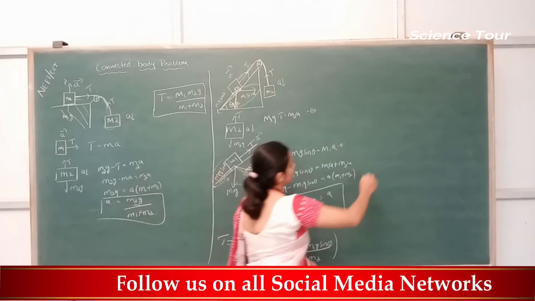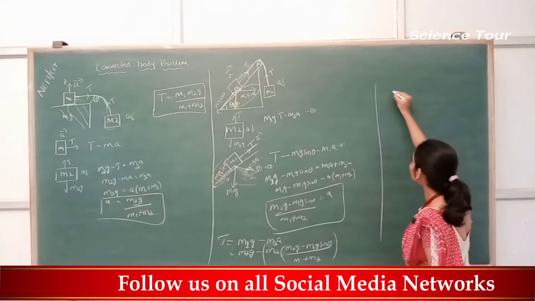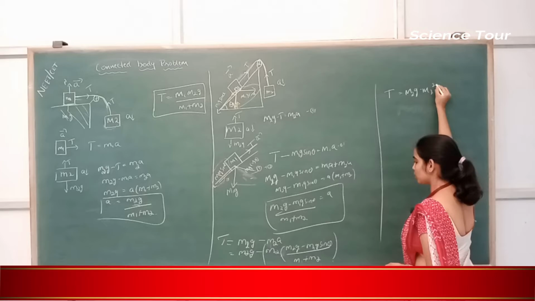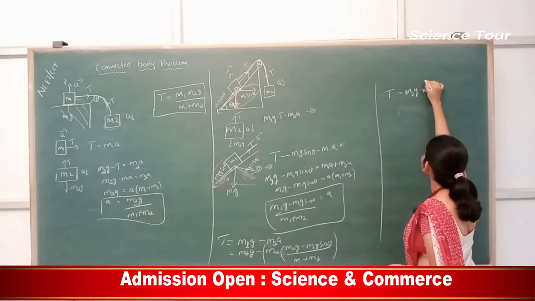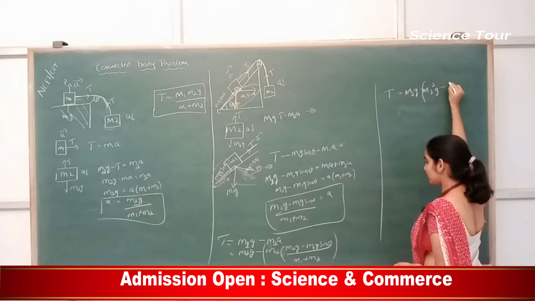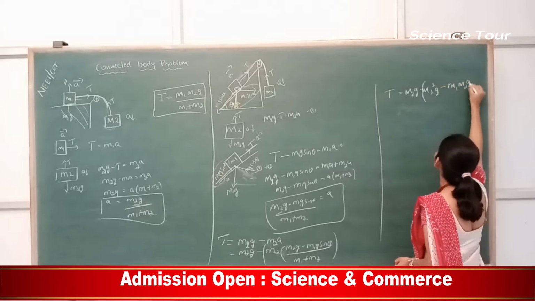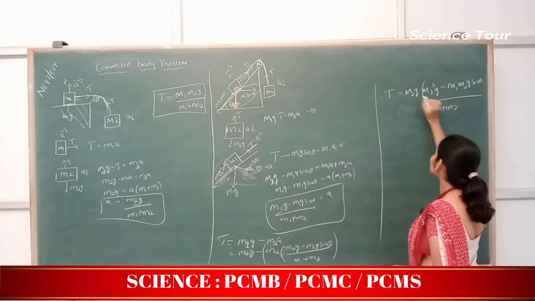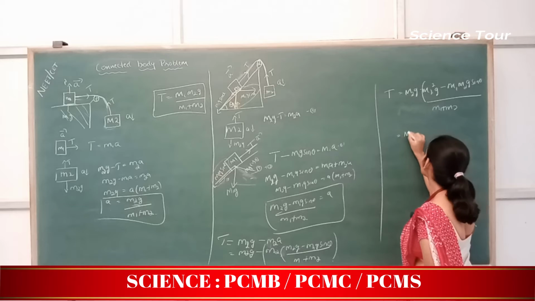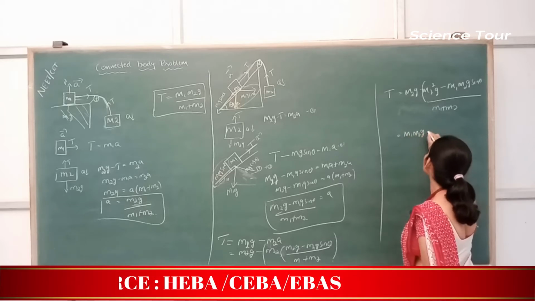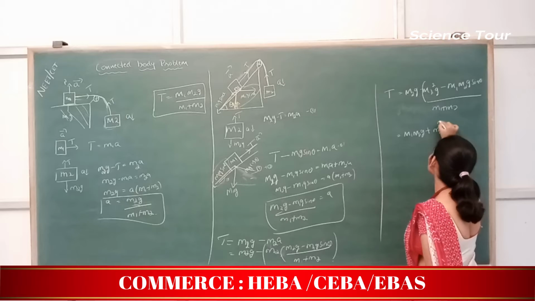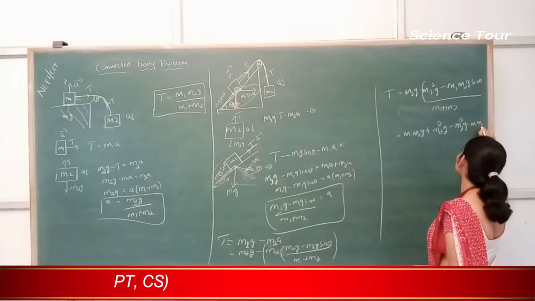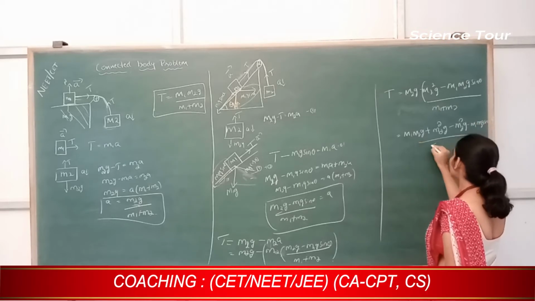So what will this be? Tension is equal to m2 into g minus m2 square into g minus m1 m2 into g sin theta divided by m1 plus m2. If you take the LCM, m1 m2 g plus m2 square g minus m2 square g minus m1 m2 g sin theta divided by total mass.